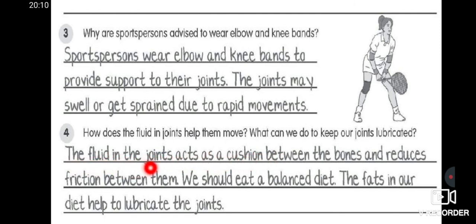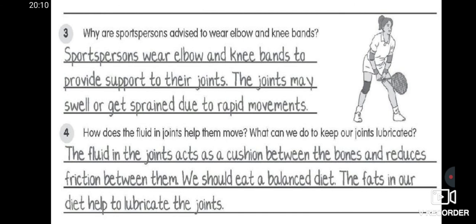The fluid in the joints acts as a cushion between the bones and reduces friction between them. We should eat a balanced diet. The fats in our diet help to lubricate the joints.